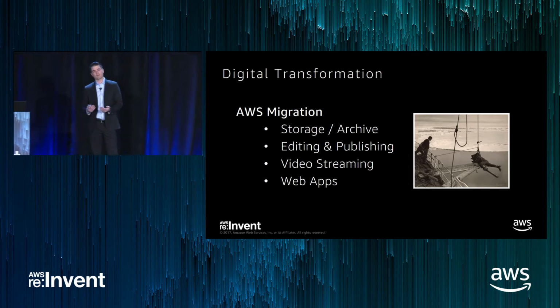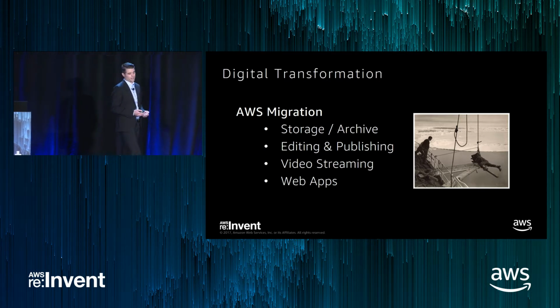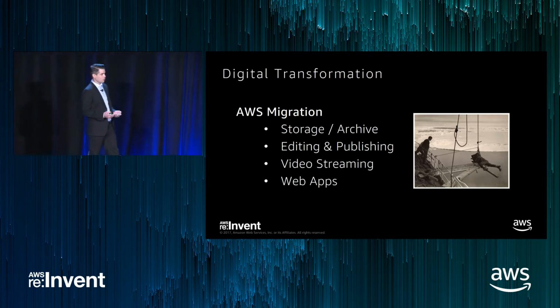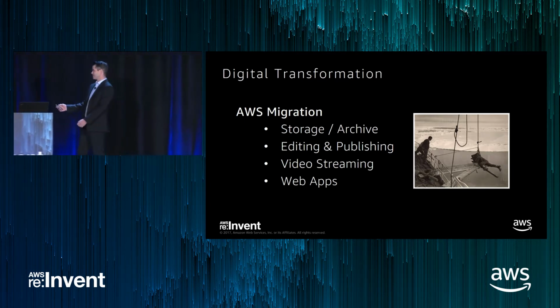Alongside the content, they're also transforming their video streaming, web, and mobile applications. And by doing this, the hope is to take advantage of next generation services such as machine learning and recognition. In other words, some of the cool stuff that Con's going to talk about next.